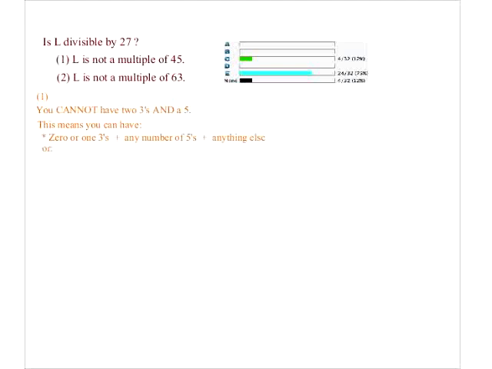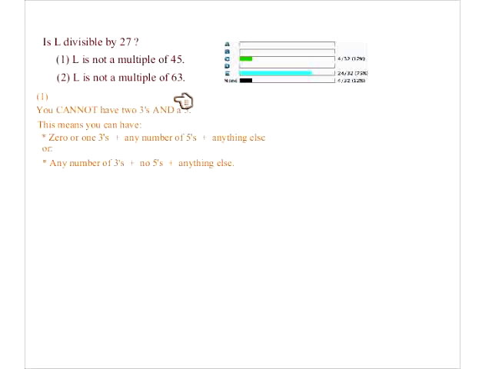Or you can have any number of 3s plus no 5s plus anything else. Because the deal is just you can't have both of these, but you can totally have one of them. You can have any 3s you want as long as you don't have the 5, and you can have all the 5s you want as long as you don't have both of the 3s. You just can't have the total combination of all of this.